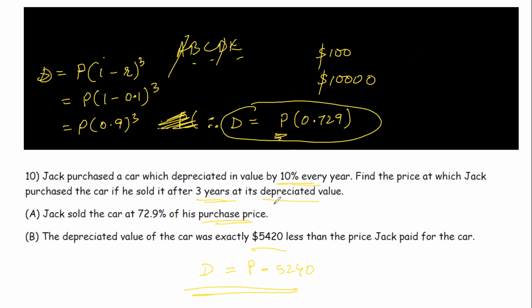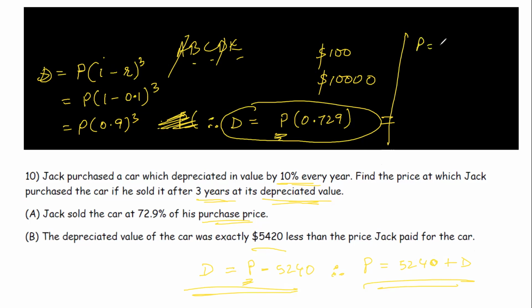And this is the price at which he sold the car, but we have to find out the purchase price, P. So therefore, P is 5420 plus D, or D plus 5420. Are you with me? And that D we can get from, yeah, here, right? By simply using this expression. So I'll use it out here, right?